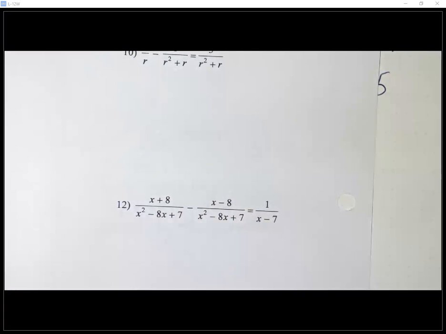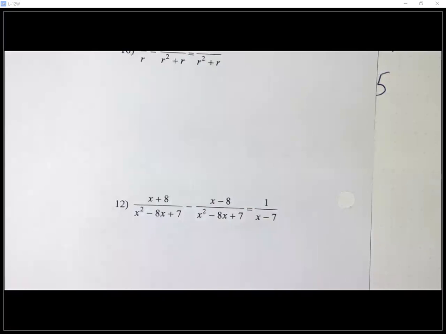Why would that be a problem? Why couldn't, on number 12 here, my final answer be 7? It would create a 0 in the denominator. Exactly. So it can happen occasionally that the equation formed by the numerators gives you an answer, but that answer won't work in the denominator. And then if that happens, that's called an extraneous solution.